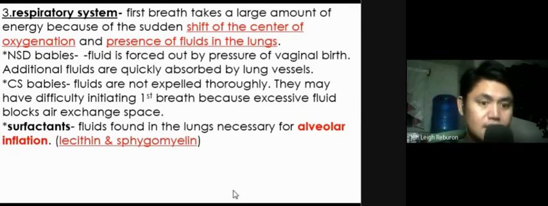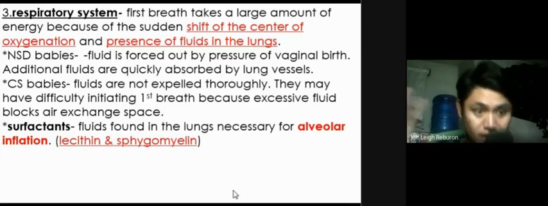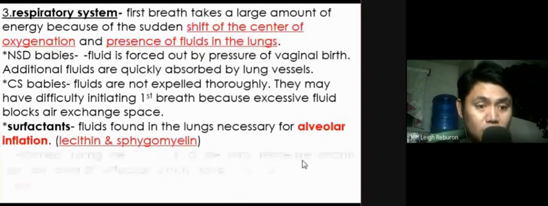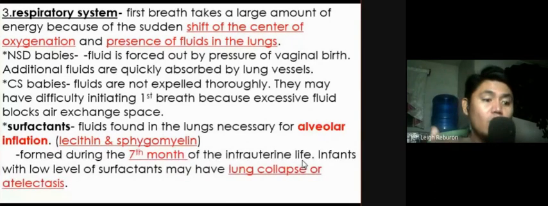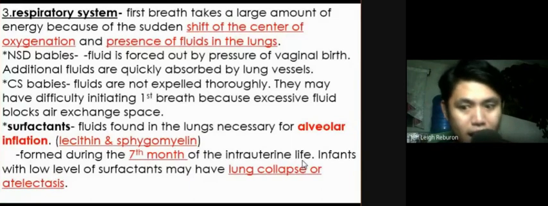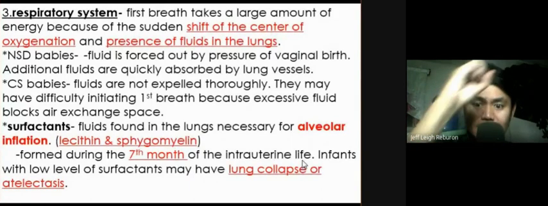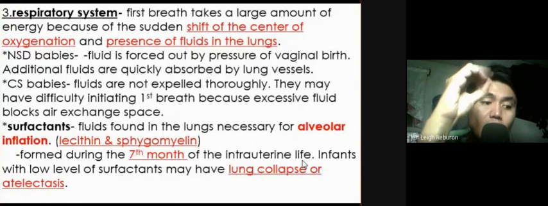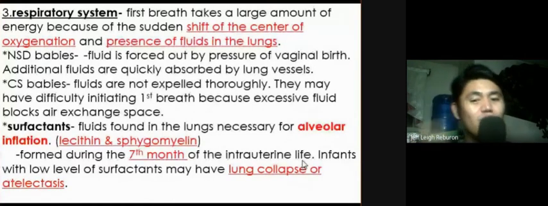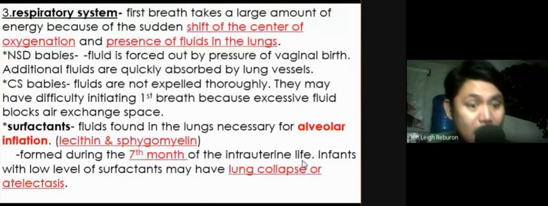So surfactants are necessary for alveolar inflation kasi kung wala yung mga yan, anong mangyayari? Kung wala po ang ating surfactants, magkakaroon ng lung collapse or atelectasis. Apay, kasi nga pag mag-inhale tayo, puputok po yung mga alveoli. Okay?